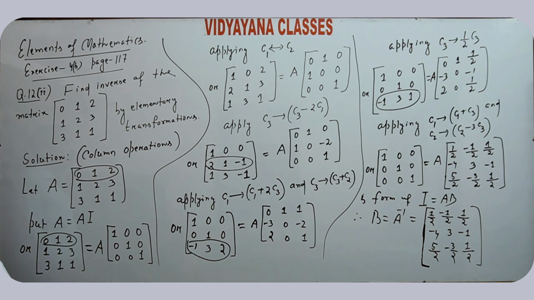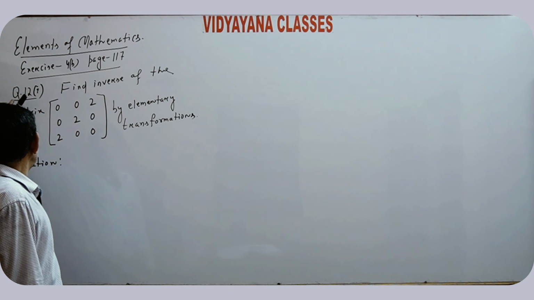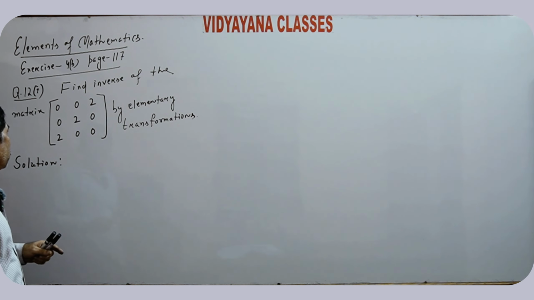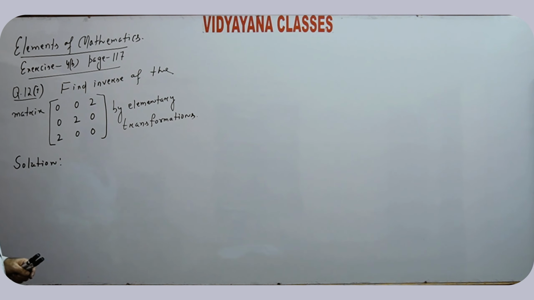Clear? Okay. Write down. Next, question number 12, first bit: find the inverse of the matrix by elementary transformations. It is a short answer type question.